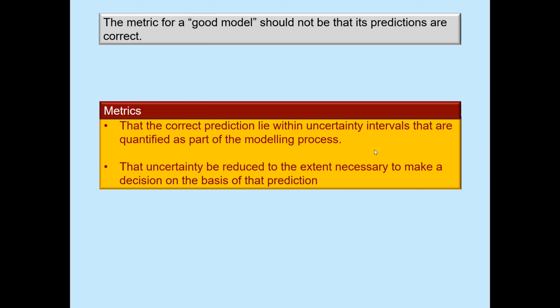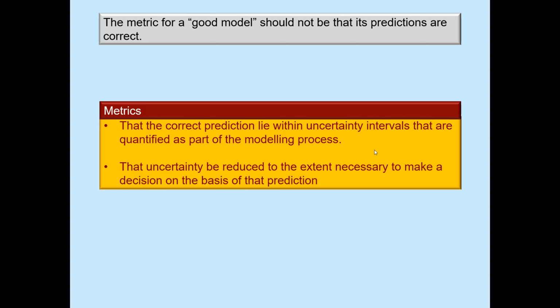And the other metric for a model that we use for decision support is that we try to reduce those uncertainty limits to the extent we need to make a decision. Sometimes that will be to the minimum that the information content of the calibration data set allows. Sometimes it will be just enough to rule out the possibilities that certain bad things will happen.